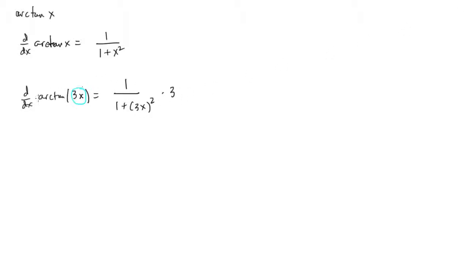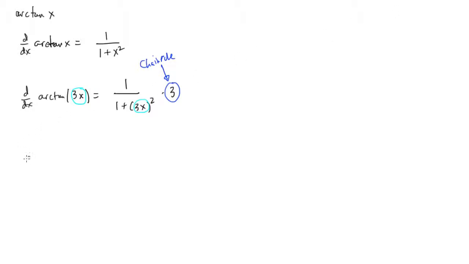We're taking the derivative of arctangent of some stuff, and that's going to be 1 over 1 plus the stuff squared, and then by the chain rule, I have to multiply by the derivative of the stuff. The derivative of 3x, my insides, is 3.